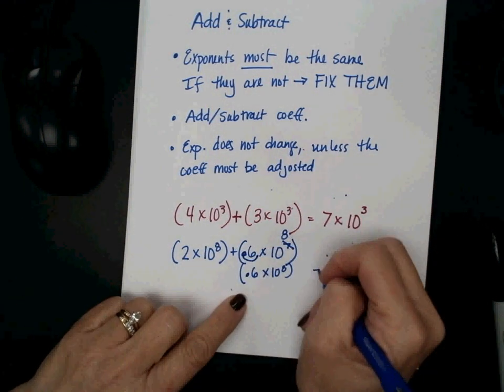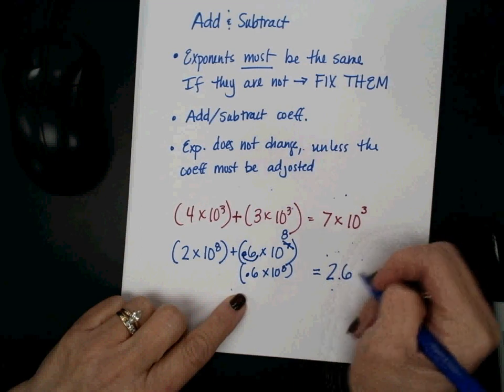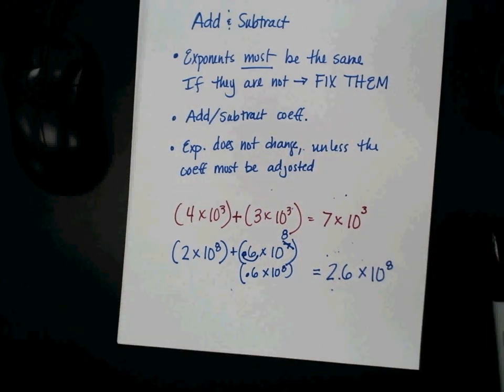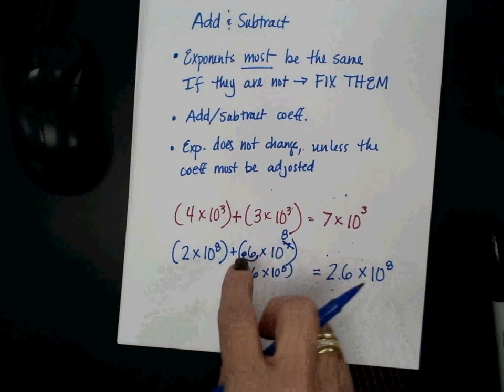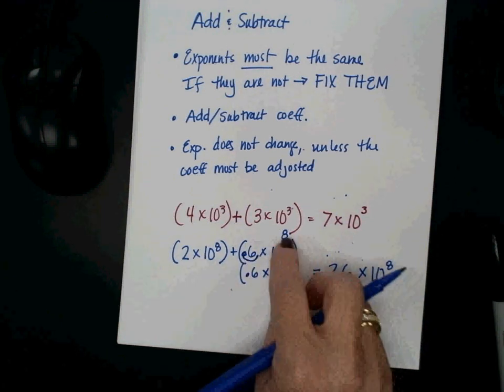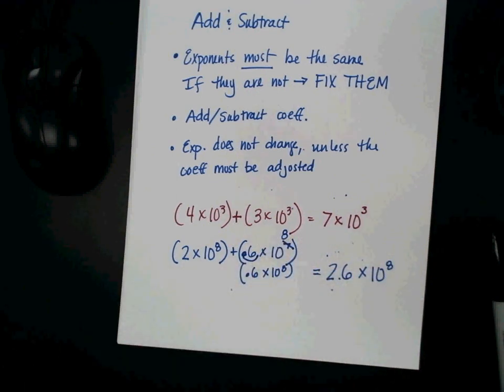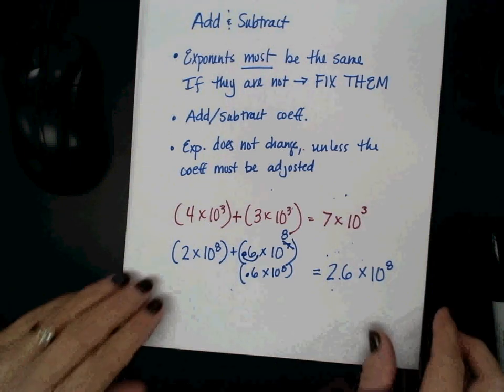And then I can do my math. 2 plus 0.6 is 2.6 times 10 to the 8th. Remember, make your exponent larger, which makes your coefficient smaller. You're less likely to get into that situation where you have something bigger than 10 if you do it that way.